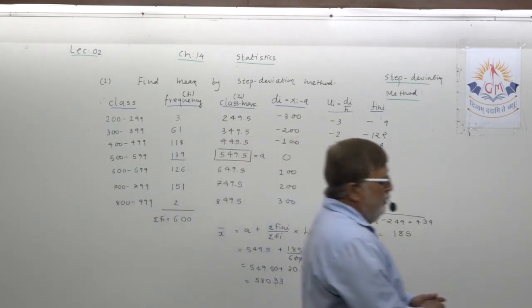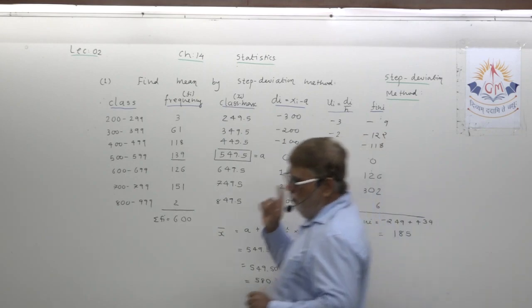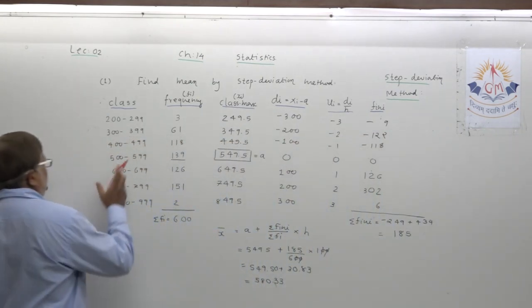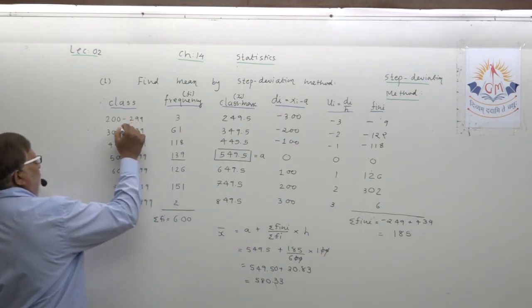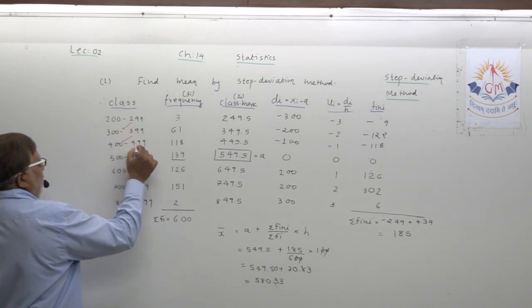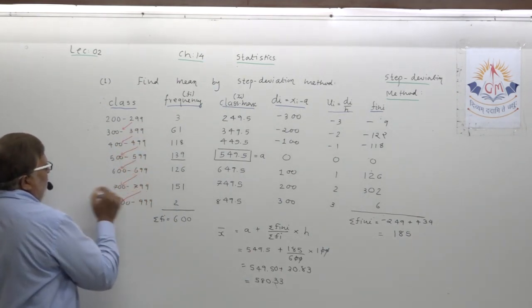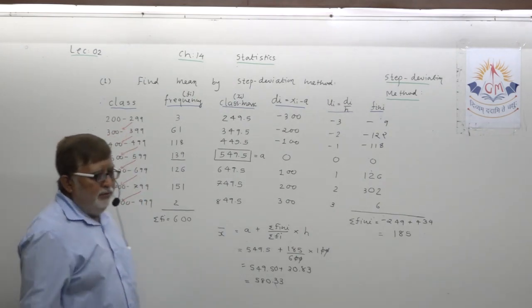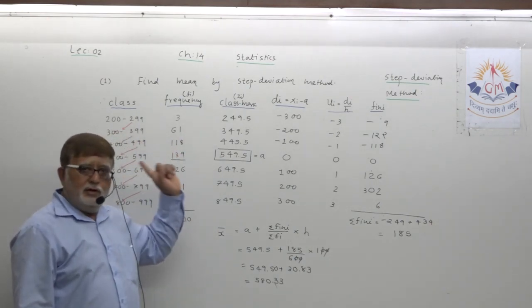Verify properly, dear student, and mark one very important fact which I want to discuss with you in this example. Whenever you get such discrete, discontinuous data, the class length needs to be taken one more than what you normally take by seeing the classes.